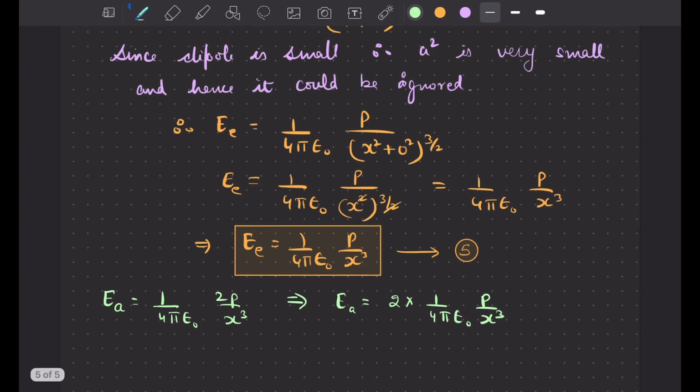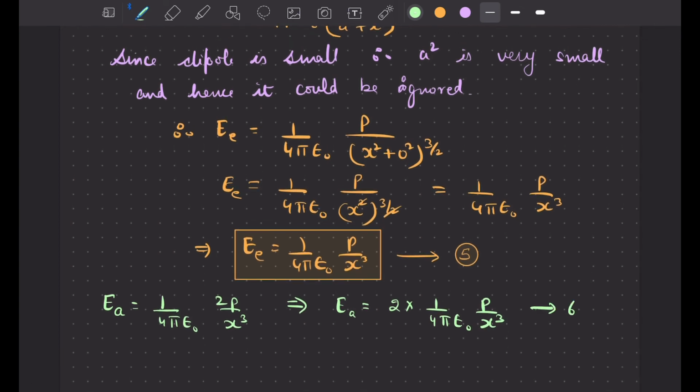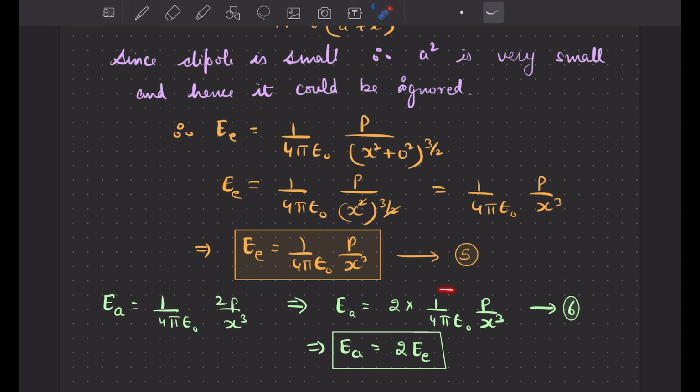Now comparing this equation number 6 with equation number 5, you can easily say that we have E axial is equal to 2 times E on the equatorial line. So this is the relation between the electric field intensity on the axial line of the dipole and the equatorial line of the dipole. What I have done over here, I have just replaced this term 1 upon 4 pi epsilon naught p upon x cube with E equatorial, because equation number 5 is representing this equation.